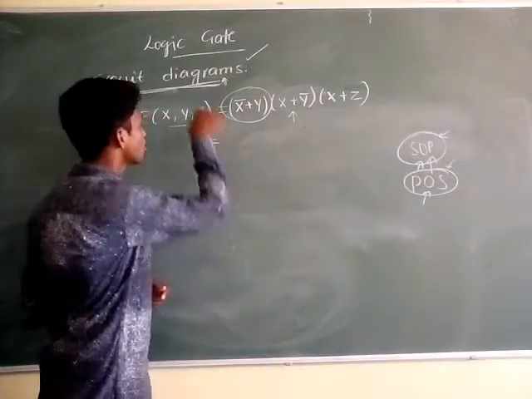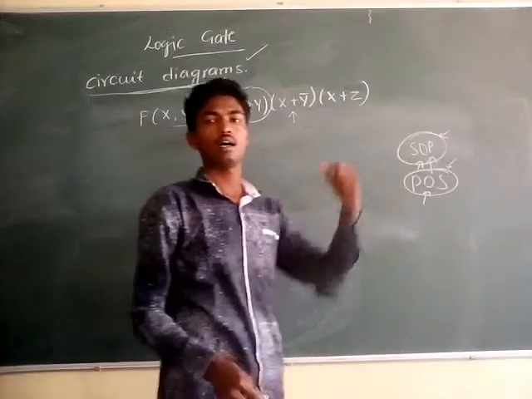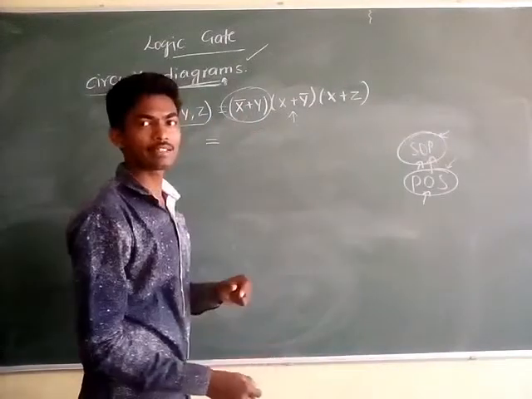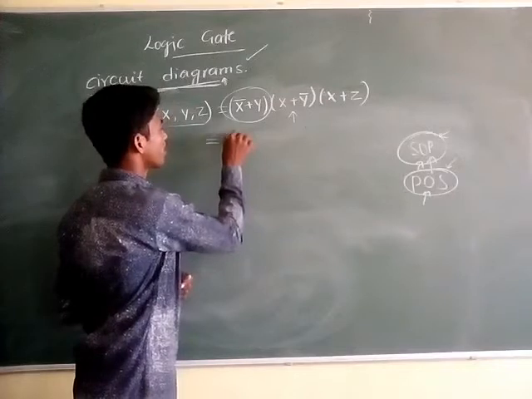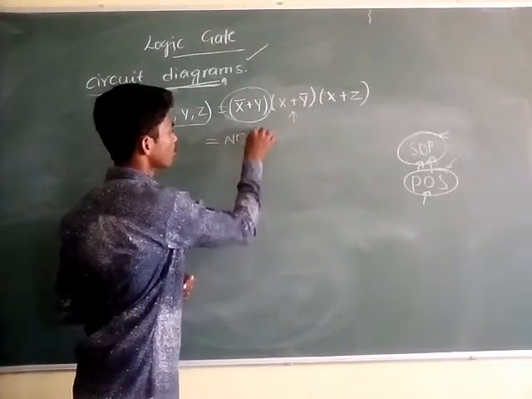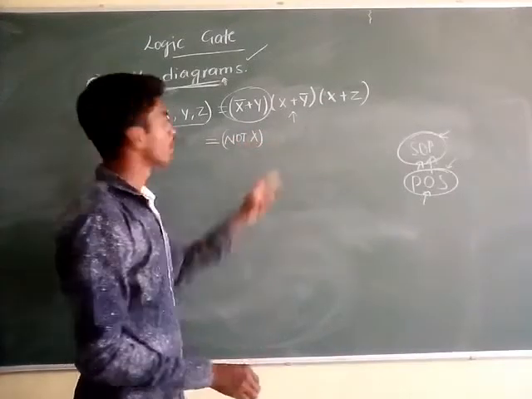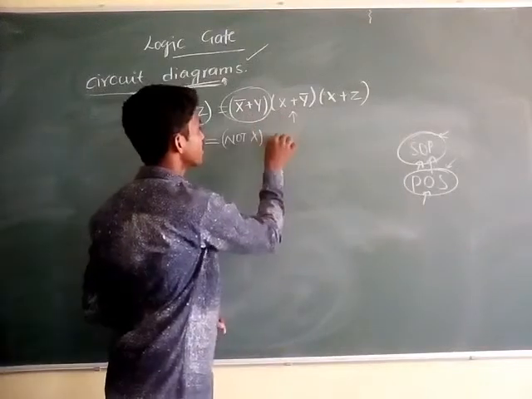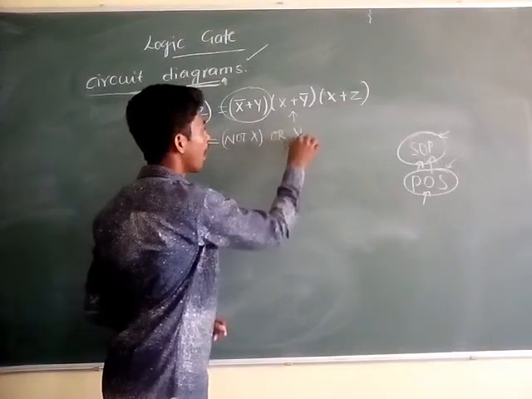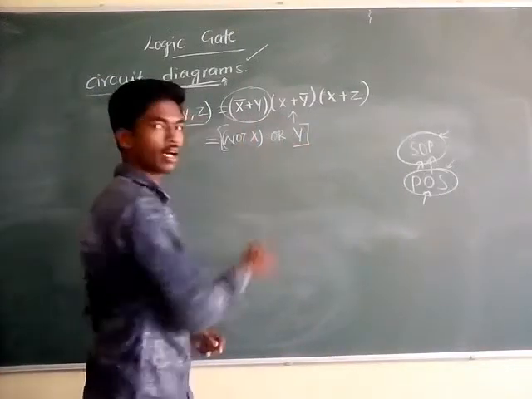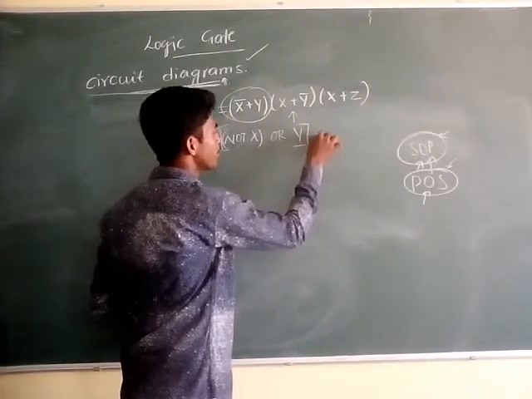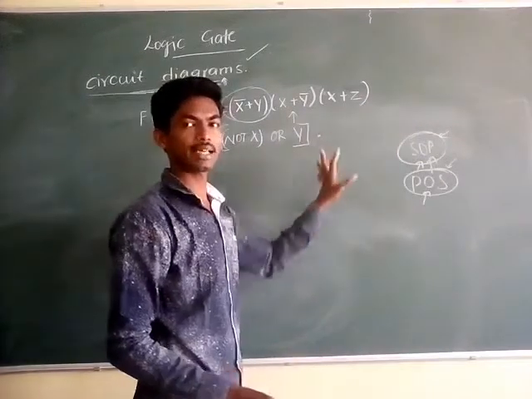First, you have to simplify the given expression. X complement is there, for that you can write NOT X, and an OR operation is there, for that write OR and Y. This is the first OR gate. Into is there, or else you can write it as an AND gate.